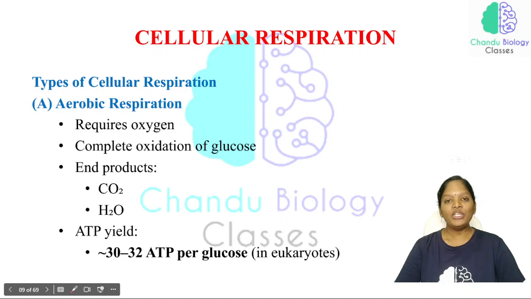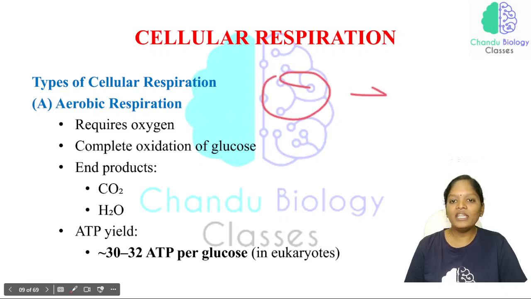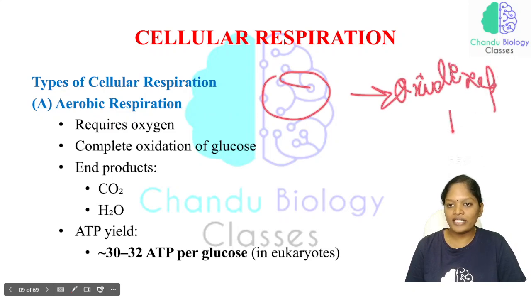Now, we have two different types of cellular respiration: aerobic respiration and anaerobic respiration. In aerobic respiration, we need oxygen, and here a molecule gets oxidized. As a result of this oxidation, we get carbon dioxide, water, and ATP.